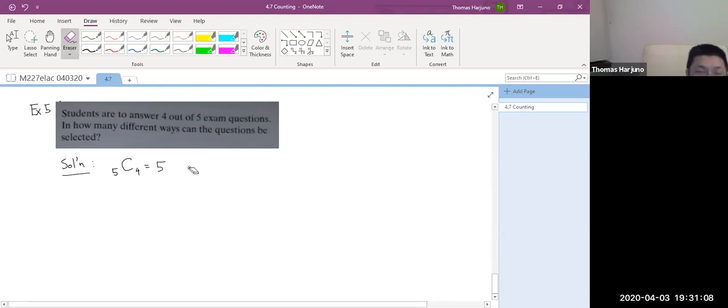Now, if you think about it, what are those 5? Yes, there are 5 different ways, but what are those 5? Imagine I have these 5 questions: number 1, 2, 3, 4, 5. One way to answer only 4 of them is to select 1, 2, 3, 4.